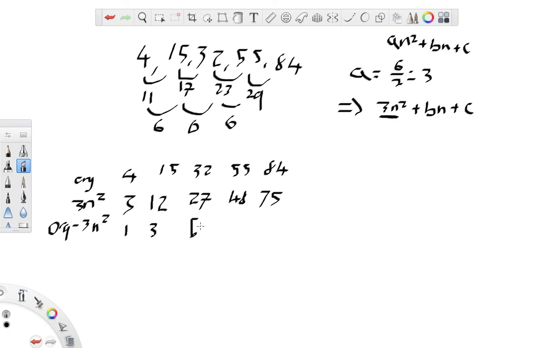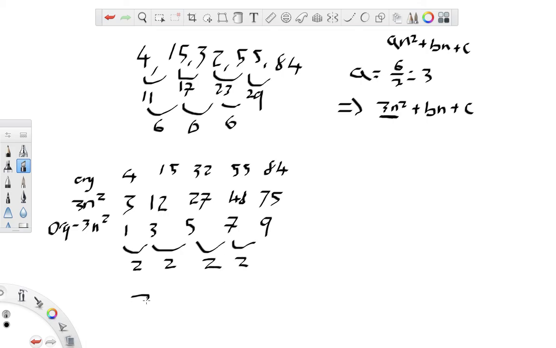That's a really dodgy 5. 55 minus 48 is 7. And then 84 minus 75 is 9. So we've developed a new sequence. We then find the nth term of that sequence. The difference between these numbers is 2, every time.